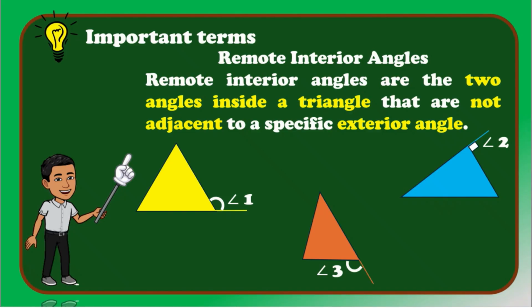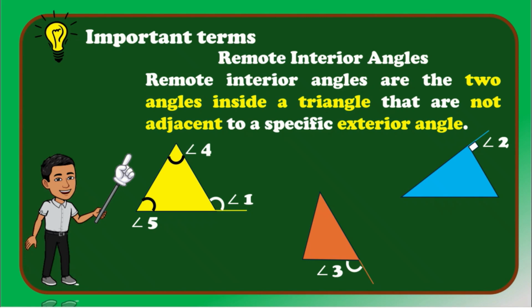As stated, the remote interior angles are two angles inside the triangle that are not adjacent to the exterior angle. So, the two remote interior angles are located on this part. Let's label them as angle 4 and angle 5.